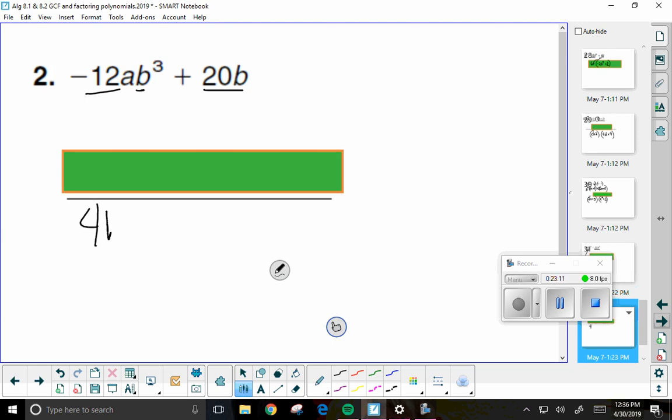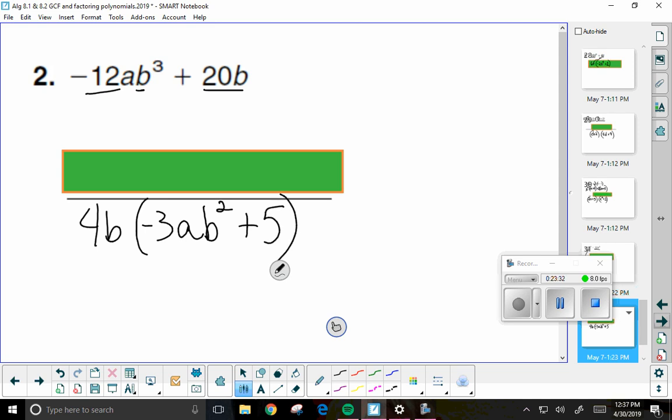And then a b, and the lowest exponent on the b is a 1, so I'll just leave it like that. So then this would be negative 3, and that would get me negative 12. And then an a, and then a b, you guessed it, squared. And then over here, what do I multiply 4b by to get 20b?